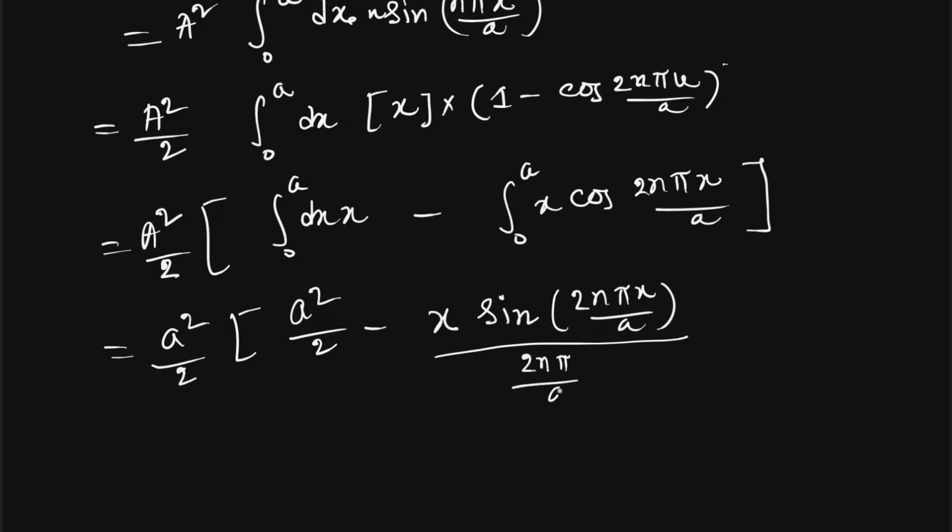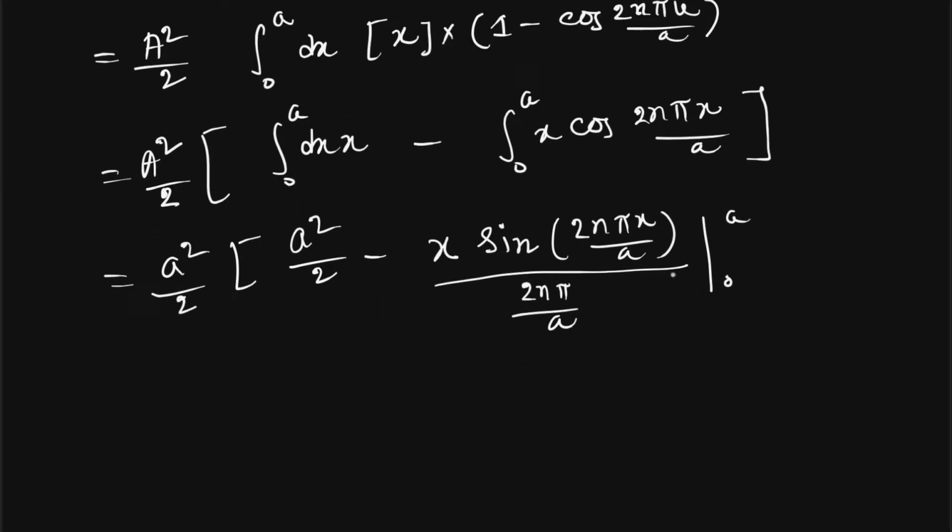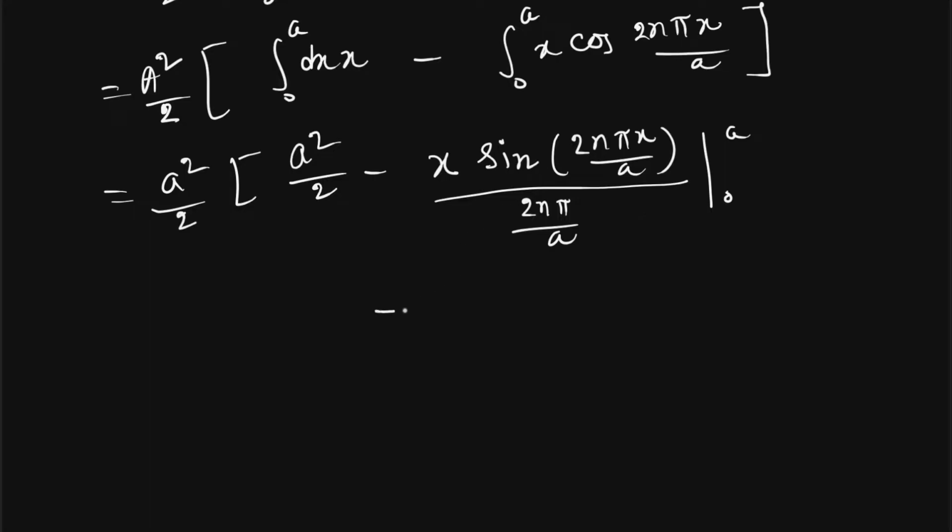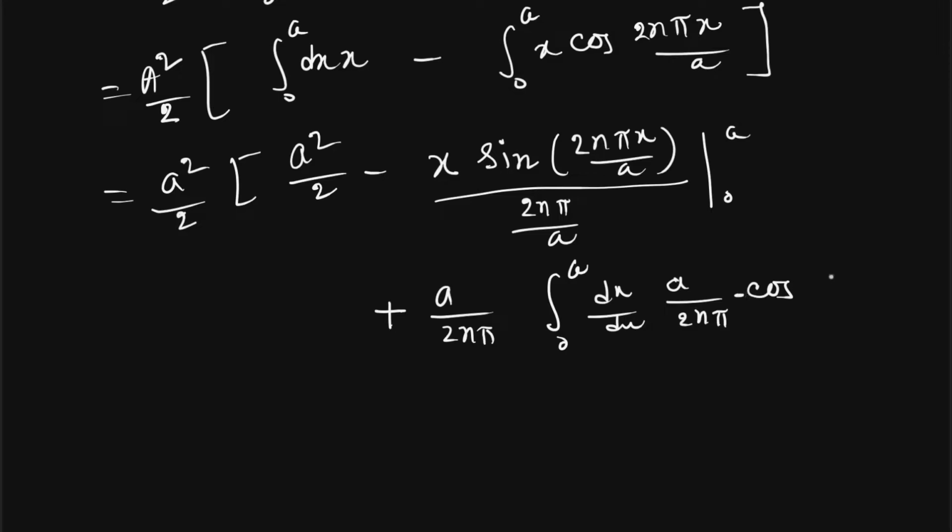This gives a/(2nπ) from 0 to a, which will be 0 at a, and at 0 this function is 0, so that is 0. Then the remaining term is a/(2nπ) ∫₀ᵃ, from differentiation of x and integration of this function, which gives a/(2nπ) with a minus, cos(2nπx/a) dx.